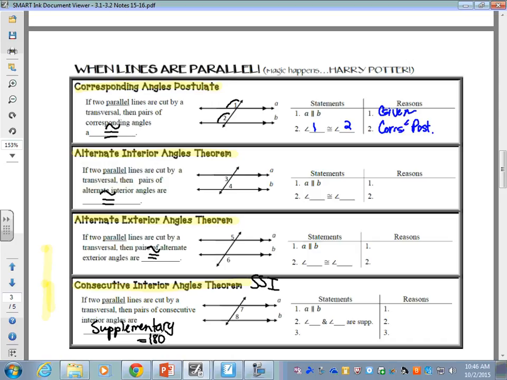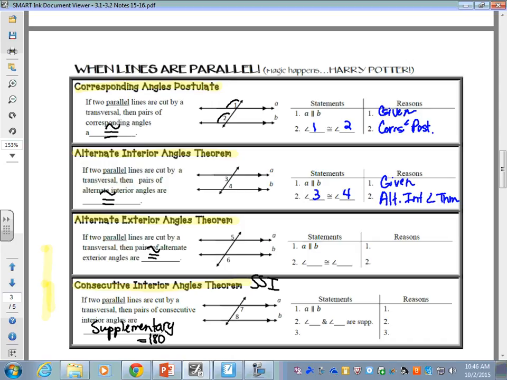Well, if I tell you that the lines are parallel, that has to be given. Then for the alternate interior angles, angle 3 is going to be congruent to angle 4. Okay, AIA theorem. These are just the definitions and conclusions to the theorems that we just went over.